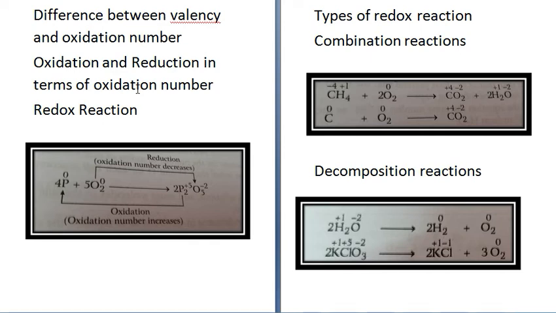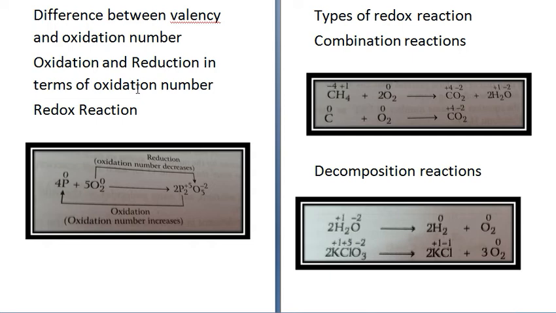Oxidizing agent: a reagent which can increase the oxidation number of an element, which is causing oxidation, is called an oxidizing agent. So in a given substance or atom or ion or molecule, if it can readily accept electrons from other substances, then it is an oxidizing agent.